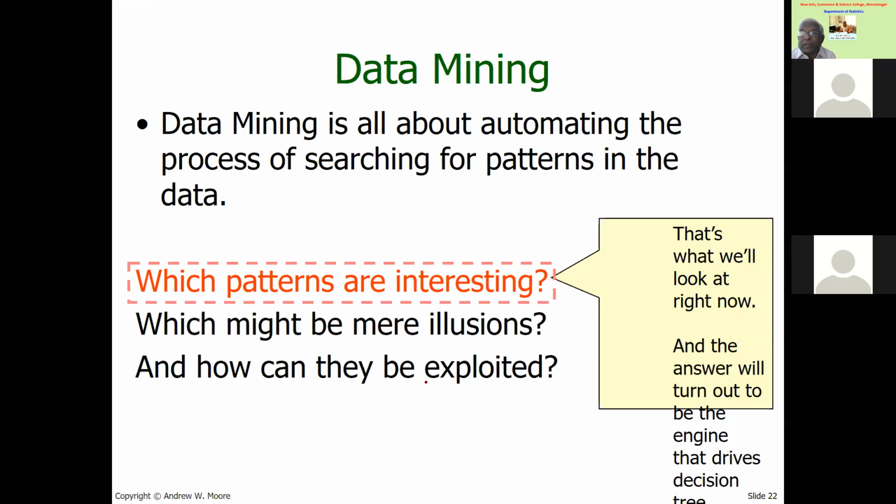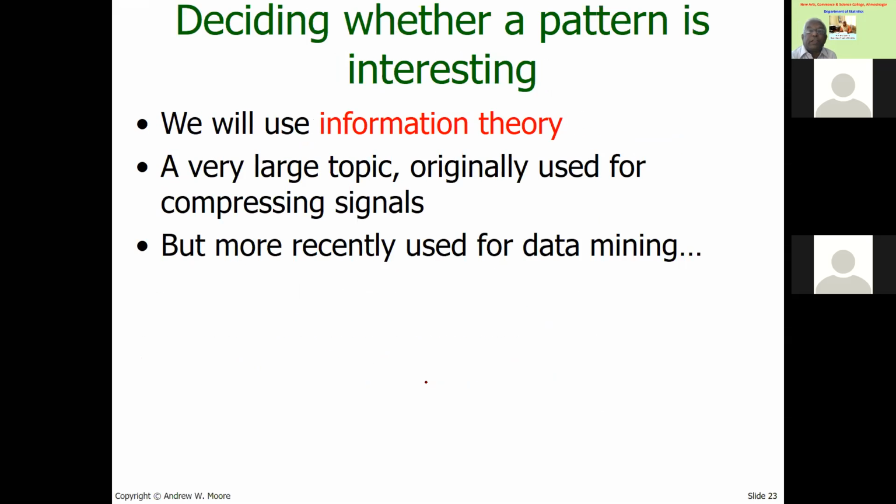Which patterns are interesting? That's what we are all looking at right now. And the answer will turn out to be the engine that drives the decision tree, deciding whether a pattern is interesting. See, this is very important. We'll use information theory.